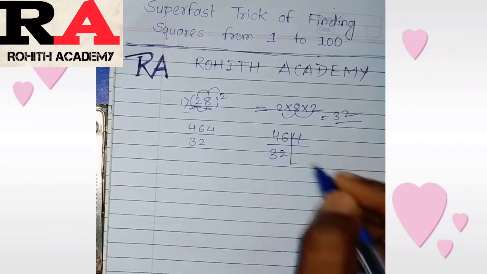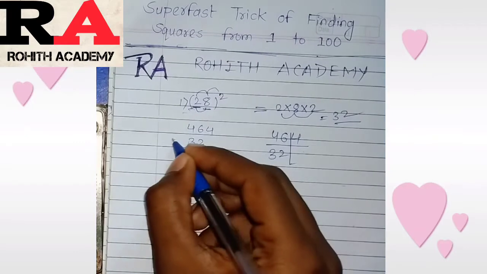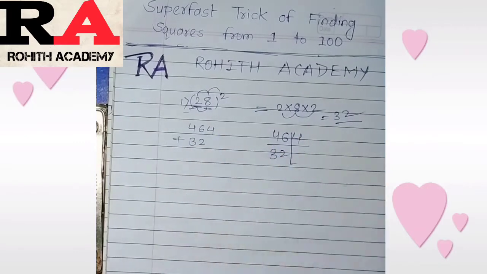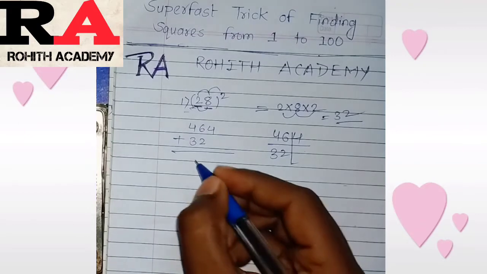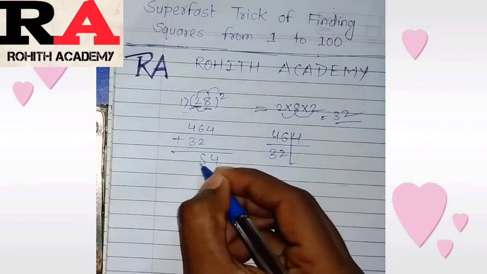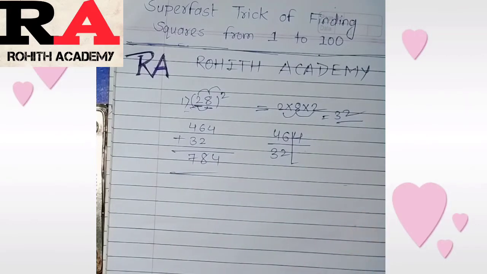We have to start after leaving one digit on the right side. So we write 32 there, and then we add it: 4 8 7. This is the answer of our example. The square of 28 is 784.